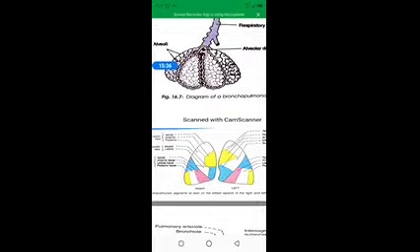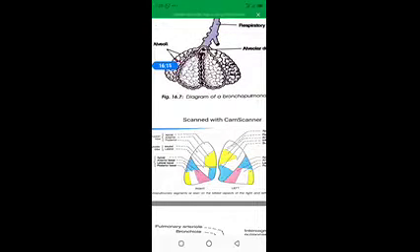The lower lobe is divided into five. Here they have shown only four, because the posterior basal is not given here. There is one superior bronchopulmonary segment of the lower lobe, then there is apical, then lateral basal, medial basal, and the posterior basal.